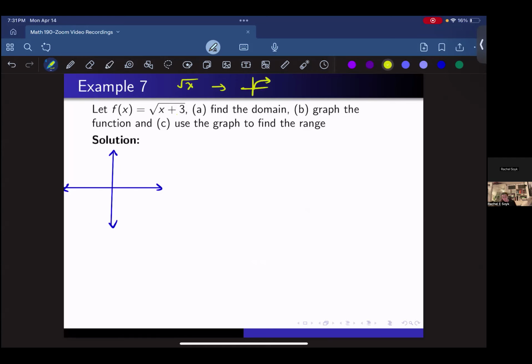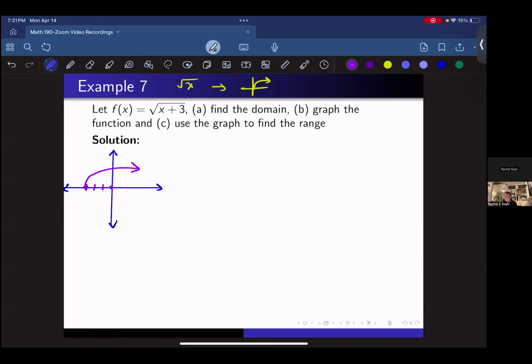That plus 3 tells us that we're going to have a horizontal shift 3 units to the left. So 1, 2, 3, that's going to be our new starting point, and then it's going to go off like that. But I'll create the table and everything so you can really see that as well.